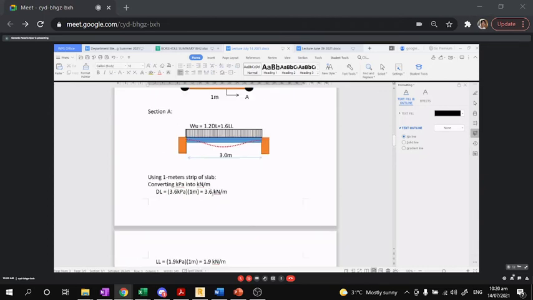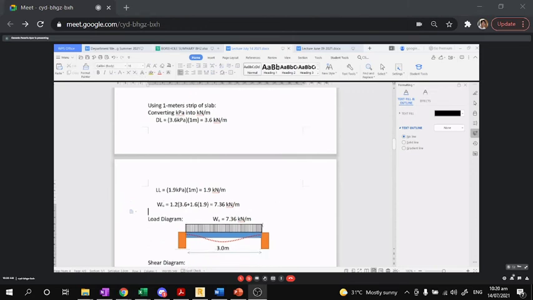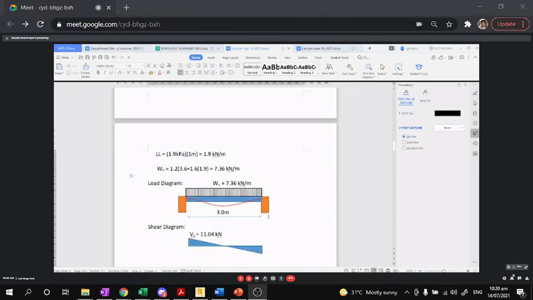Now for 1 meter strip, niabot nga 3.6 kilonewton per meter ang dead load nga 1.9 ang live load. In other words, if you are going to compute for the ultimate load, you will have a 7.36. Now for the span of 3. Now because this is a beam, ang consider niya, one is siya kanang gitawag nato og fix, no?